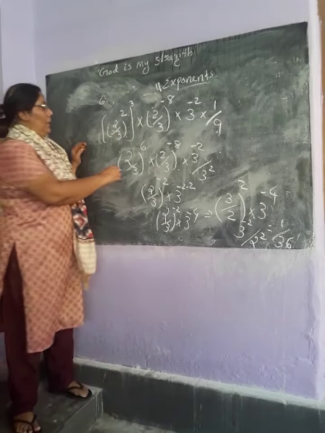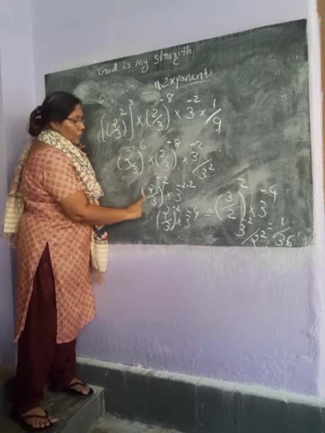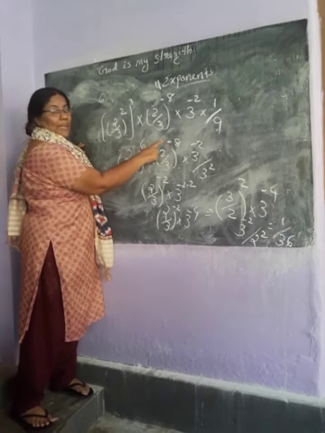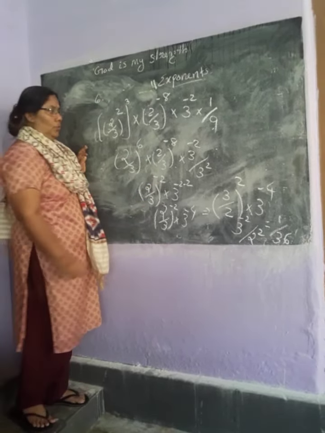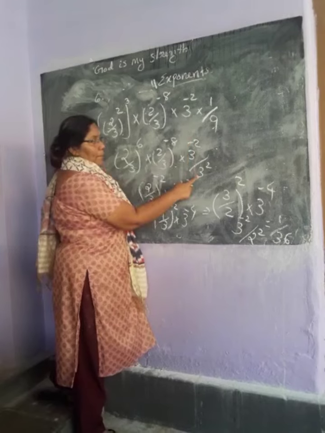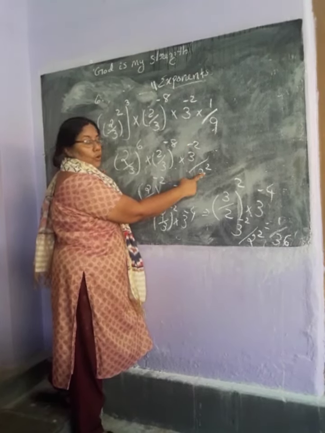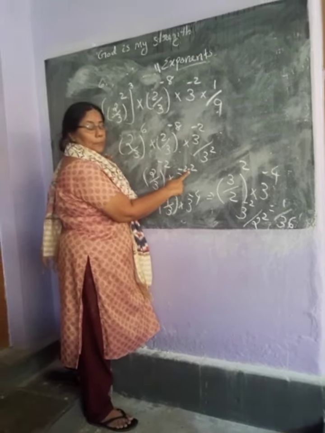Now, here the two bases are 2 by 3, 2 by 3. Therefore, 2 by 3 raised to 6 minus 8. 6 plus minus 8 means minus 2. 2 by 3 raised to minus 2 into a raised to m by a raised to n. That is 3 raised to minus 2. The denominator 2 that comes in the numerator changes to minus 2.